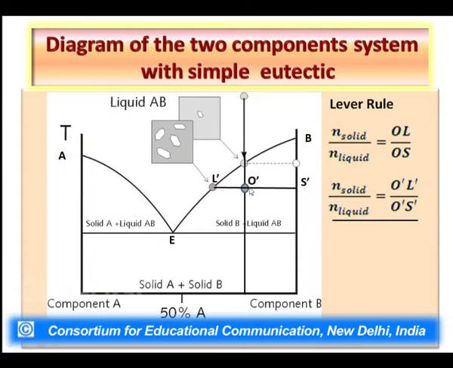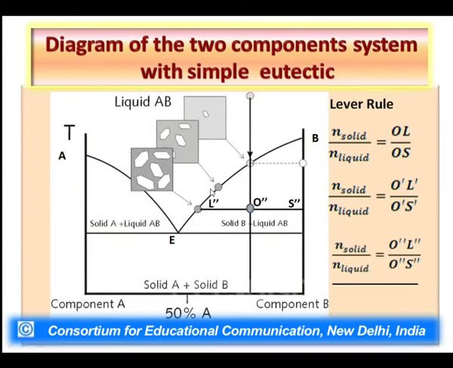In other words, if you draw a line from the overall state point O dash or O double dash to the liquid phase, its length increases. That is why O dash L dash is lesser and O double dash L double dash is greater.